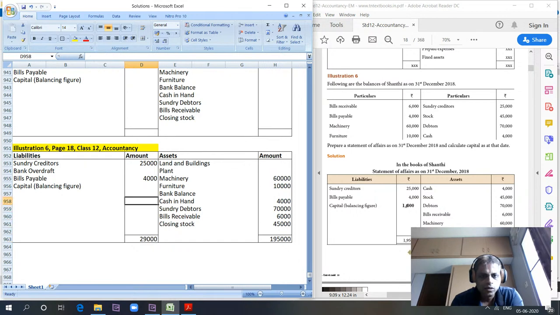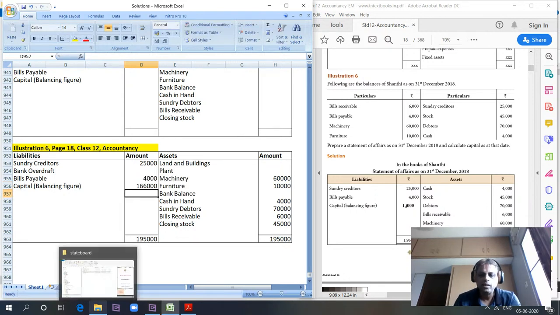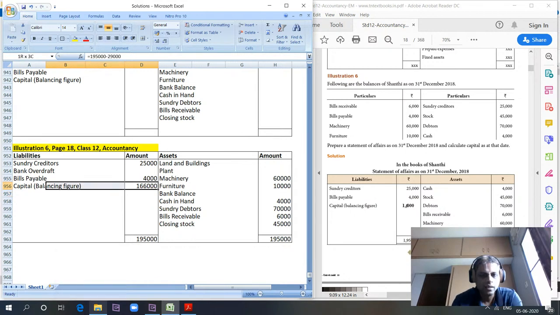So capital is equal to assets minus liabilities: 1,95,000 minus 29,000. So capital is 1,66,000, which is the balancing figure in this case. So I hope the students understand this. Let's get into the next sum.